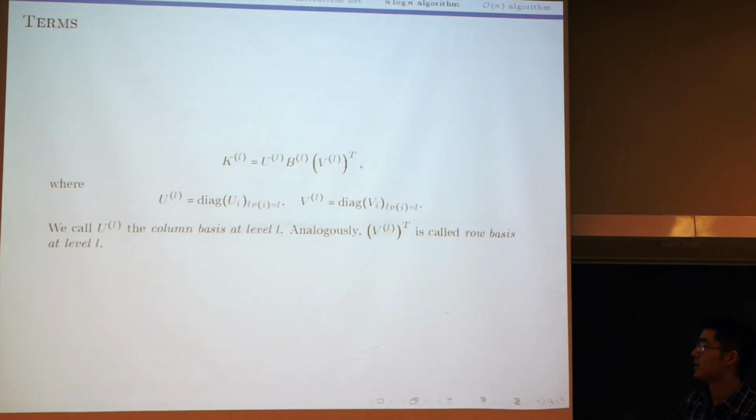We stop at the leaf level of the binary tree, where the remaining interactions are all near-field interactions.